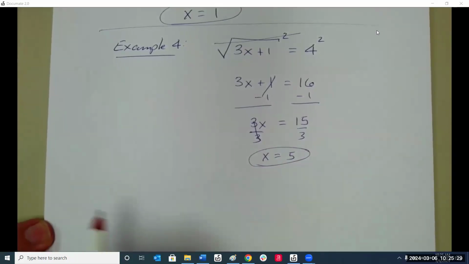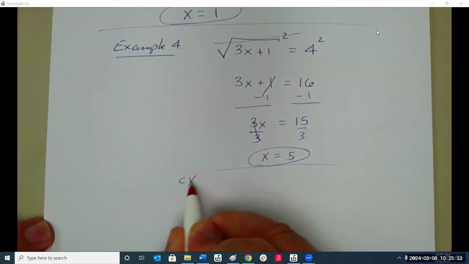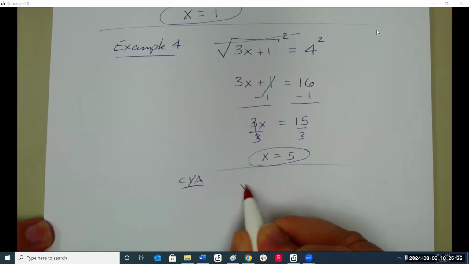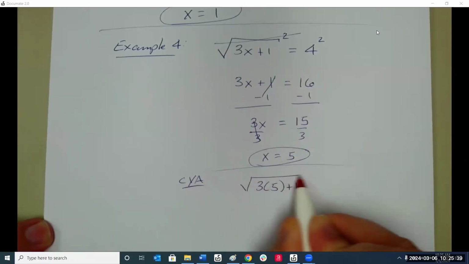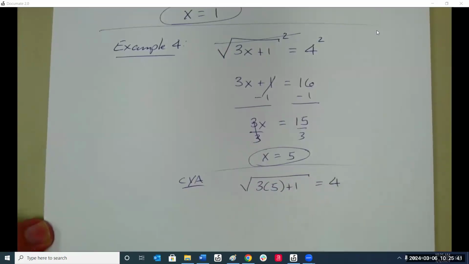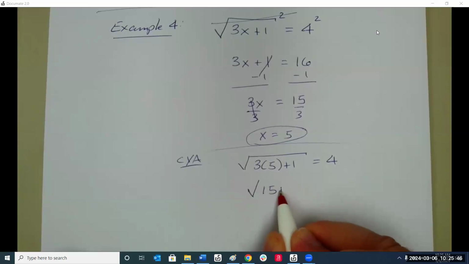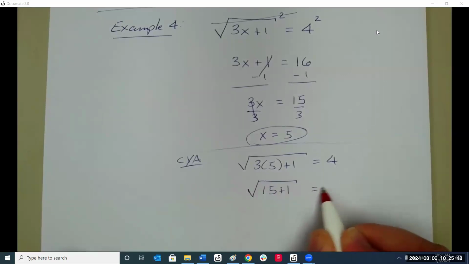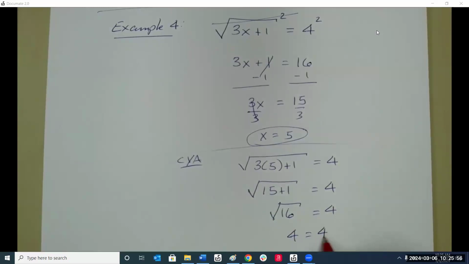You want to make sure it's the right answer. So square root of 3 times 5 plus 1 is equal to 4. 15 plus 1 is 16. Square root of 16 is 4. So it works.